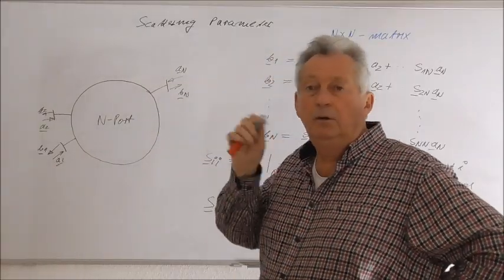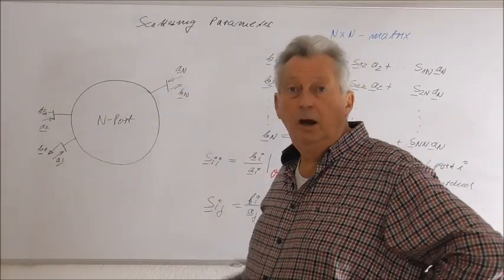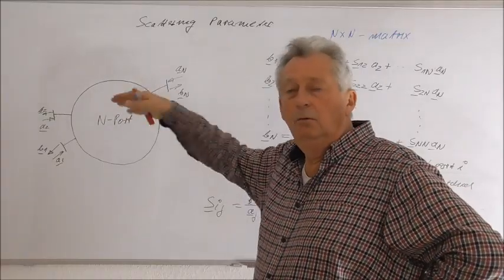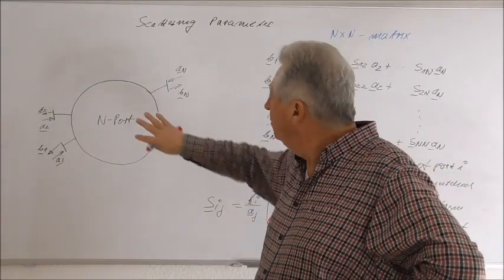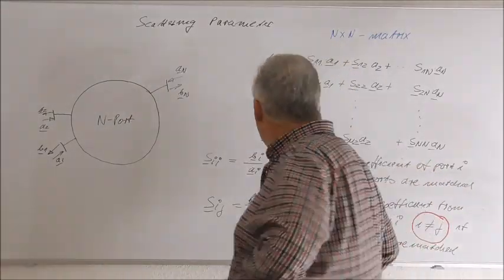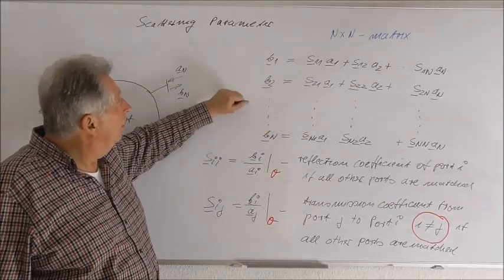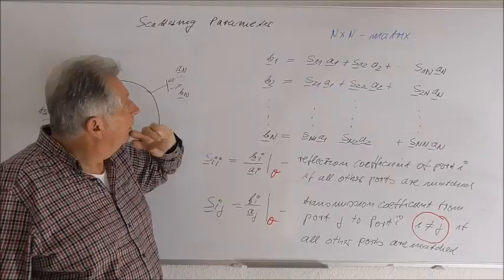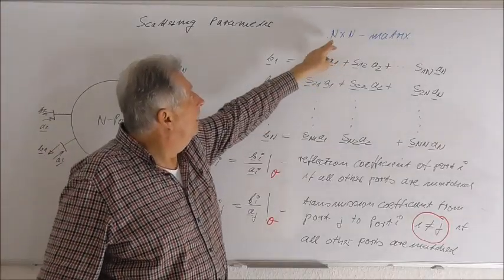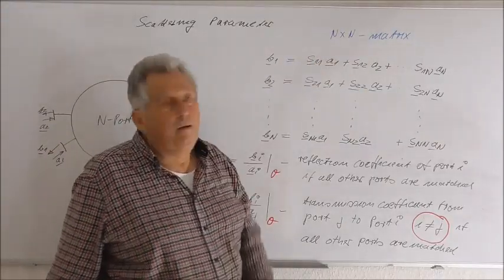And of course, at the moment I did not sketch an equivalent circuit corresponding to a transmission line, but I only sketched here the scattering matrix of our N-port. So the scattering matrix of our N-port will be a capital N times capital N matrix.